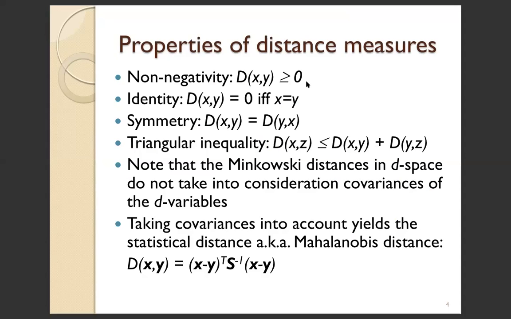Then identity: if the distance between two vectors x and y is equal to 0, then there can only be one possibility, which is that both vectors are actually the same thing. And then symmetry: the distance from point A to point B is the same as the distance from point B to point A. So where you start doesn't matter.